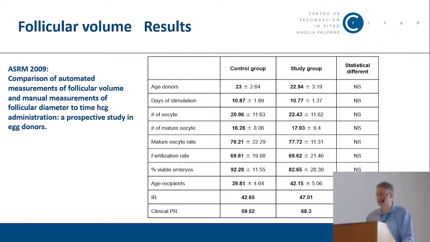More than 70% of follicles were greater than 0.7 cubic centimeters. Also, the number of mature oocytes was higher, though we did not find a significant difference. This study was useful to validate the volume as a parameter for trigger.